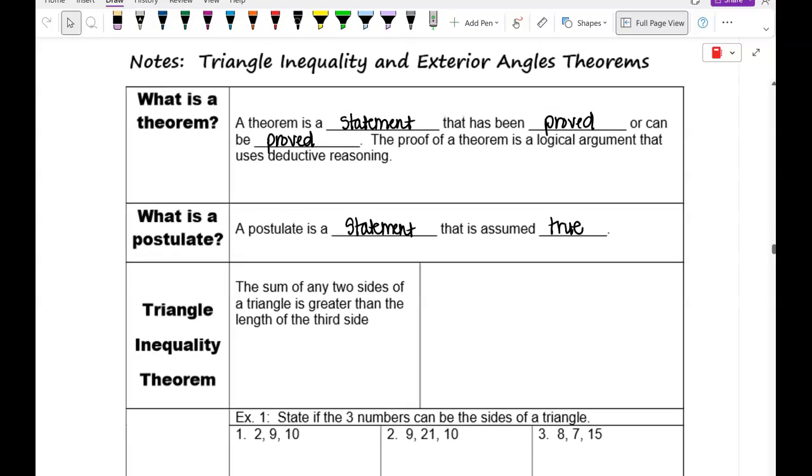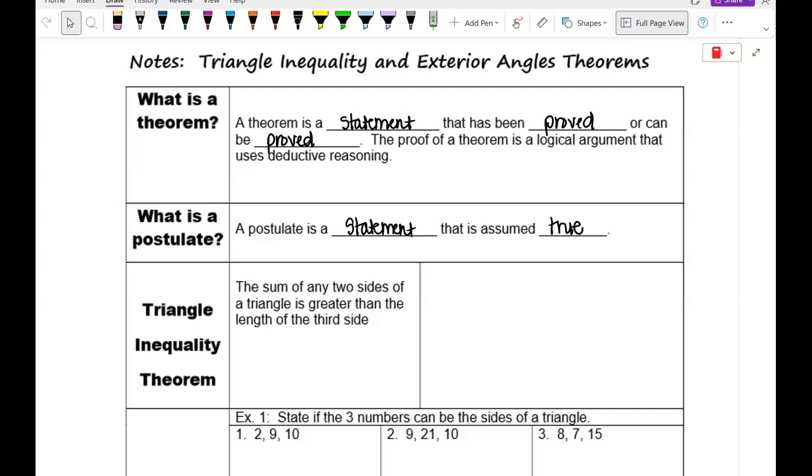Now on Friday, I gave you some spaghetti and some dice. And you broke that spaghetti into certain lengths, and then you rolled the dice to see what length you were going to contribute in your group to see if you guys could make a triangle with those specific lengths.